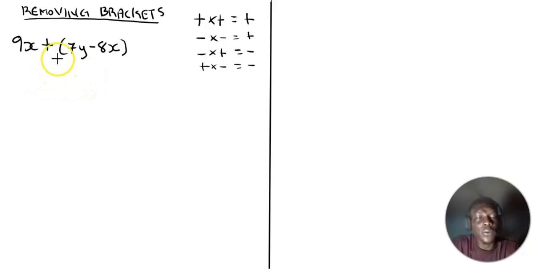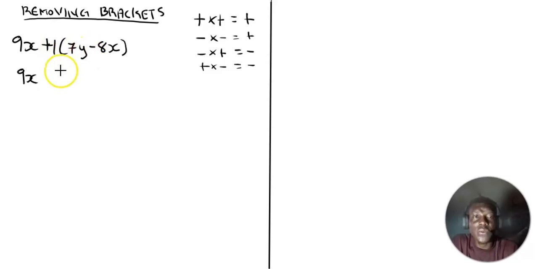We have this. Now the first thing you have to know is that in this case there is a positive sign here. If there's a positive sign in front of the bracket, it won't make much change in the bracket. So you just have your 9x. The positive sign, we multiply out everything. This positive sign is more like having plus 1 here.